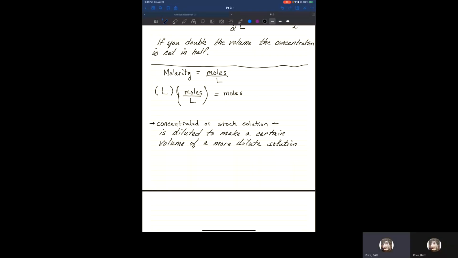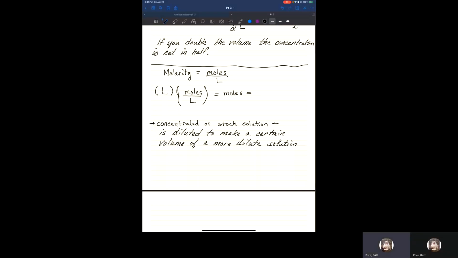Oftentimes you will see this abbreviation as M1 V1 equals M2 V2, or there are a number of things that we can use.